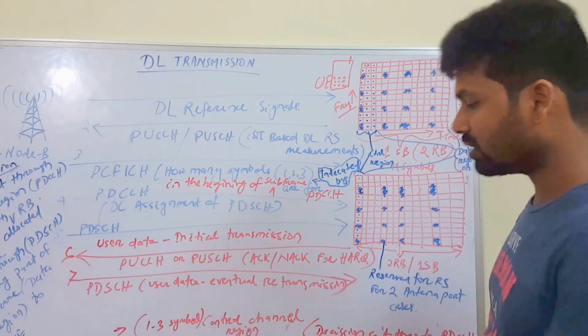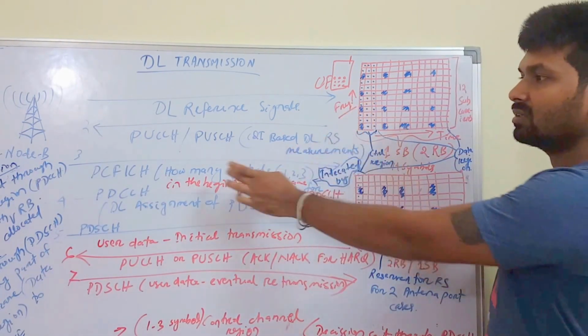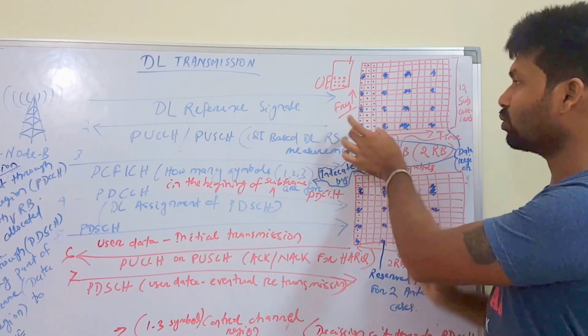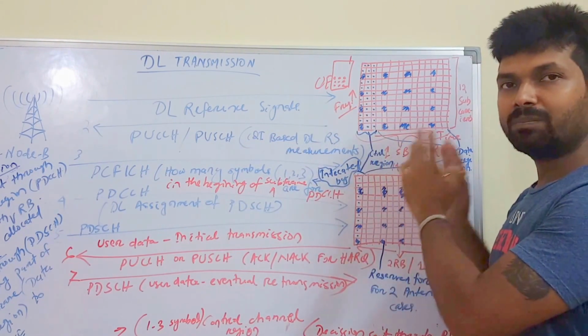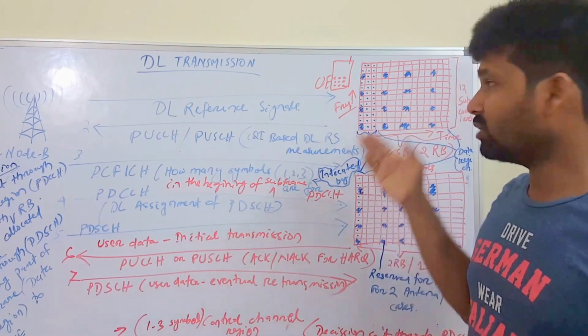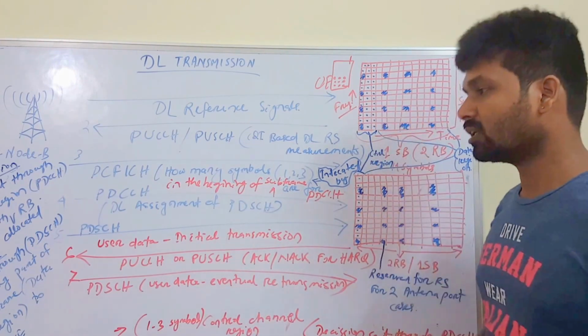So now we understood in a subframe, this third step talks about how many symbols for control or PDCCH transmission. Maybe 1, 2 or 3. We have taken the example of 3 and 1.